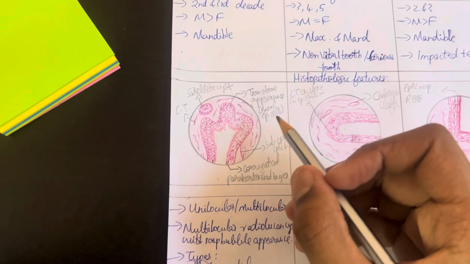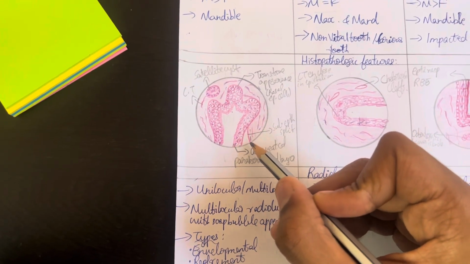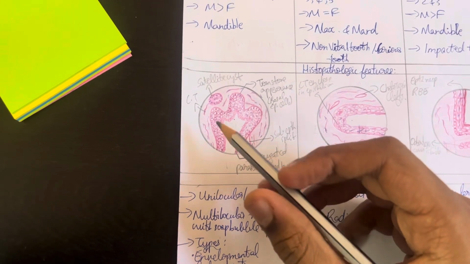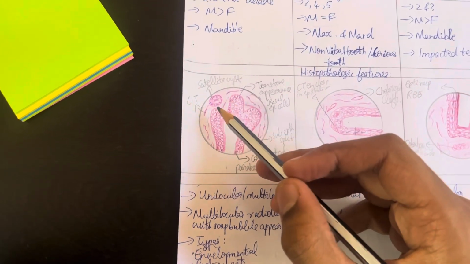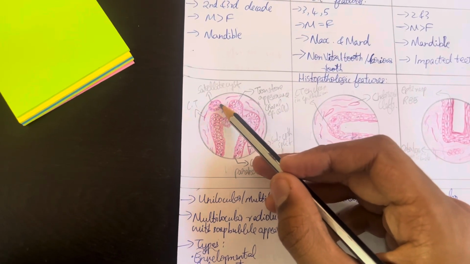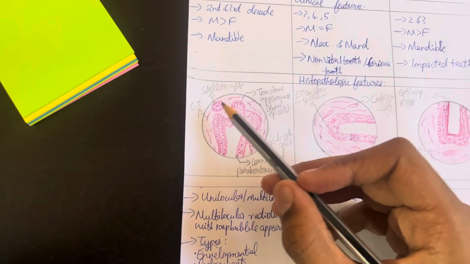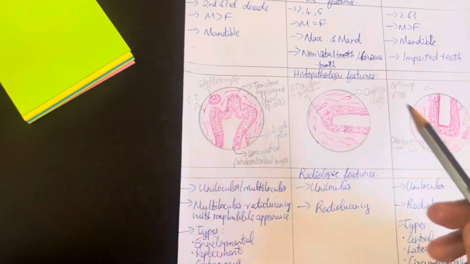And then there is subepithelial split here, and satellite cysts are seen in the connective tissue. This is a major point here, because this is responsible for the aggressiveness of the OKC, the satellite cyst.